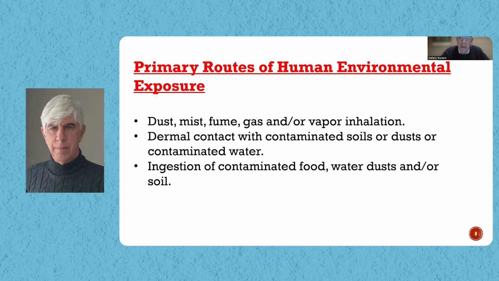And when we talk about route of exposure, just to be a little more understandable, we have to look at the routes of exposure, which include inhalation, for instance, the presence of dust, mist, fume, gases, vapor. So exposure can occur through different routes, which entail inhalation. These are some examples. But another critical, important route of exposure is dermal, through the skin.